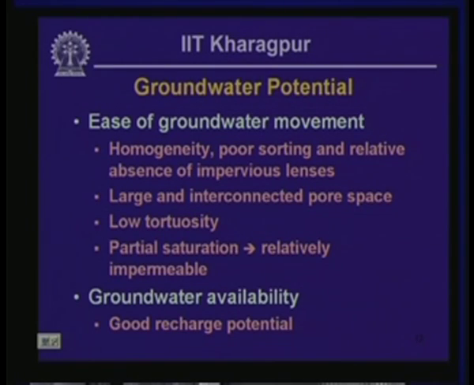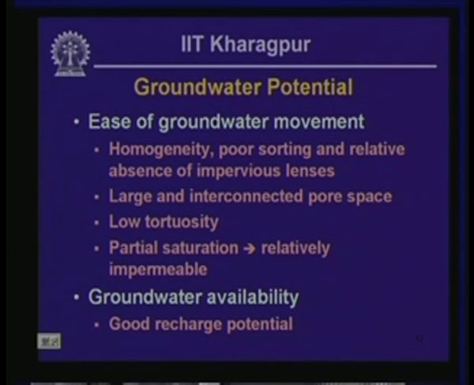So what we want, in case of having an aquifer with a good groundwater potential, is a relatively coarser grained matrix which is relatively loose, so that the void space is quite large, and the soil particles within the coarse grained deposit would be of similar size. Then we should have the soil completely saturated, and the void space should be interconnected with small tortuosity.